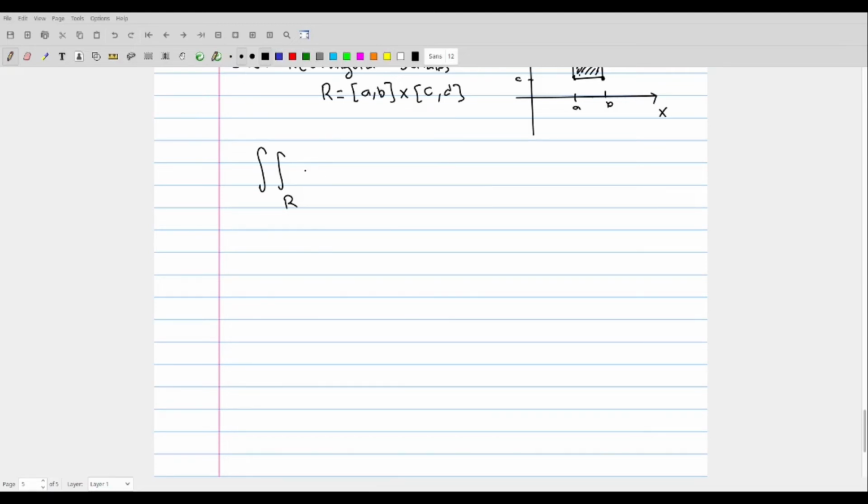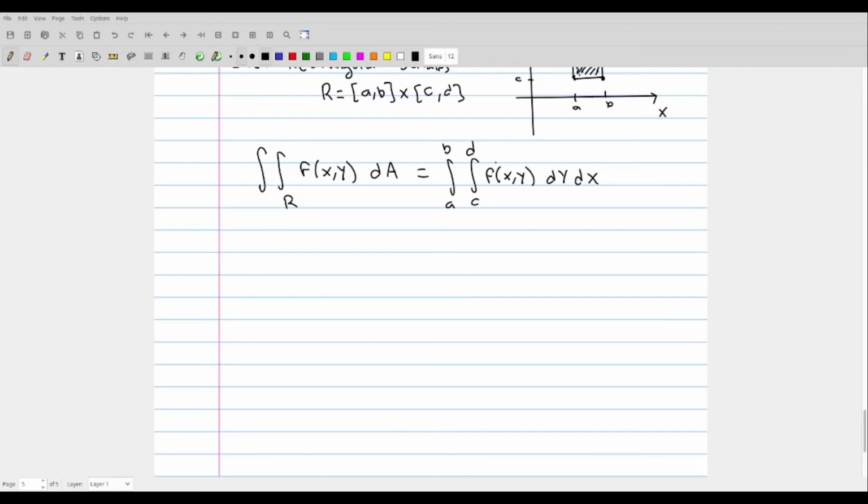The idea is that the double integral of a function can also be written as the double integral from A to B in x, from C to D in y of that function. Notationally speaking, we can say then that dA is the same thing as dy dx.